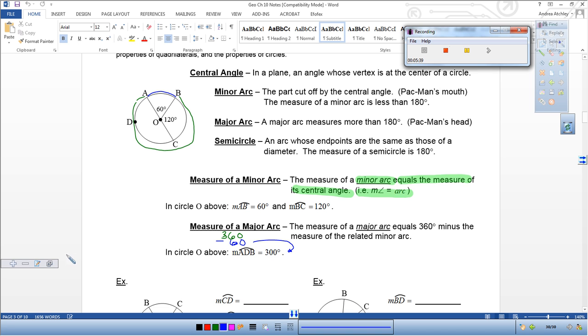That is the measure of the major arc. So basically, to find the measure of an arc, you're going to be adding and subtracting all the angles. Any questions on that?